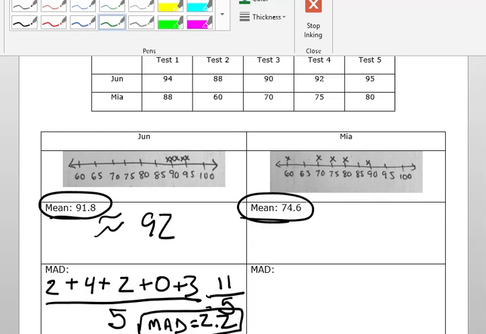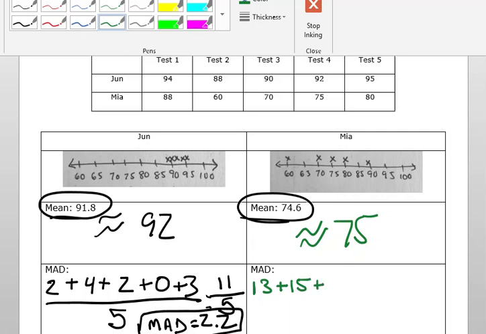Now we will go to Mia, okay? So Mia's mean here is 74.6. I'm going to round that up to 75 for our purposes on this video. All right, and so the difference between 75 and 88 here is going to be 13. Difference between 75 and 60 is 15.